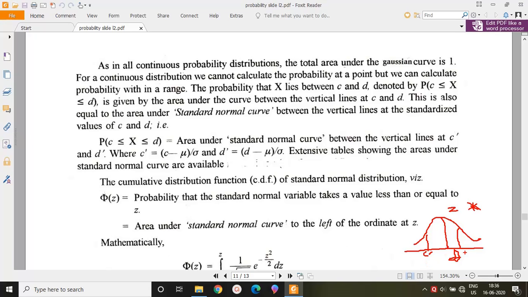You find the area here between C dash and D dash. It is much easier because standard tables give you the data for the standard normal variate, and its values are available in standard tables.